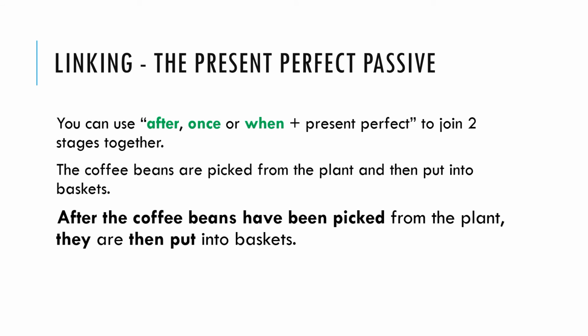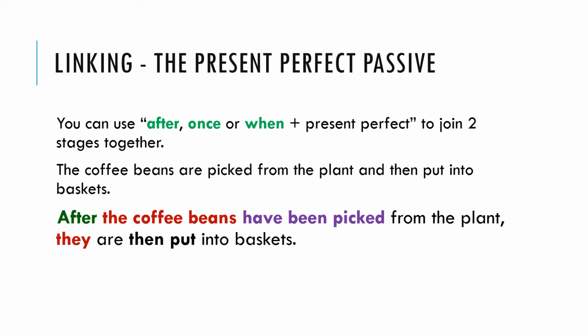So we can have after the coffee beans have been picked from the plant, they are then put into baskets. We have our adverb, after, then we have the subject, this is important, have been picked. Here is our present perfect passive. So we know that this is the first stage in the process. They, again, we're looking at linking.